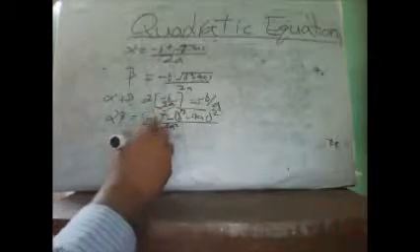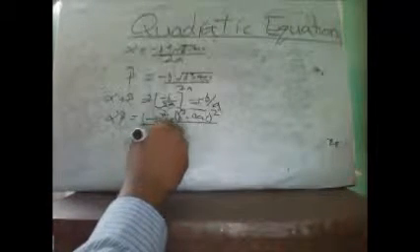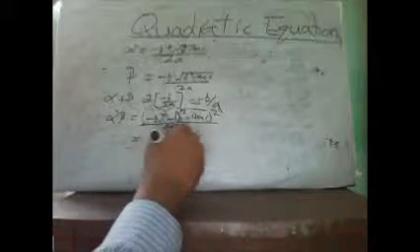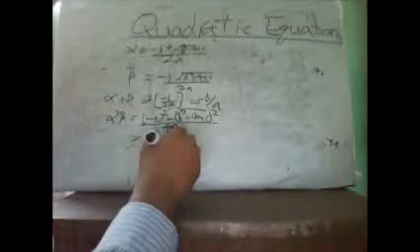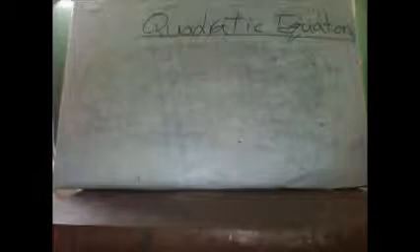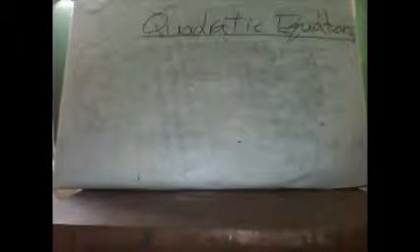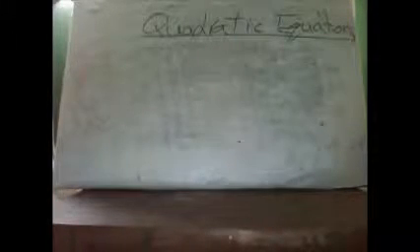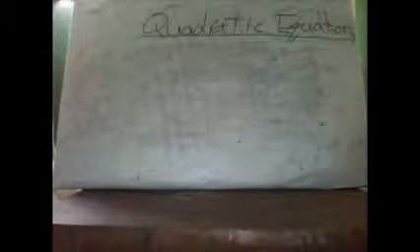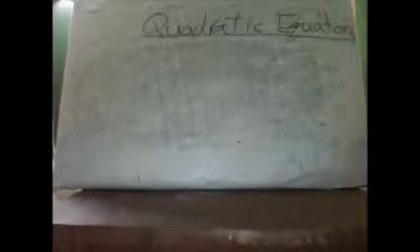This would give us b square minus b square plus 4ac upon 4a square, which would become c by a. Up till now we have studied the quadratic equation from the perspective of algebra. Now we are going to study a quadratic equation using Cartesian coordinate methods. But before that we should solve some problems.